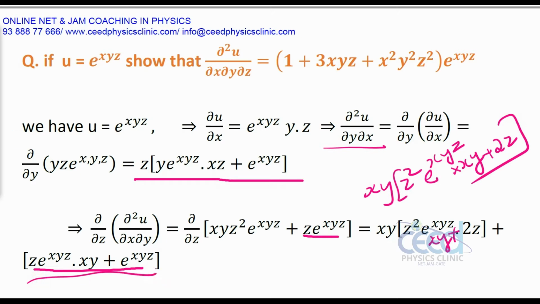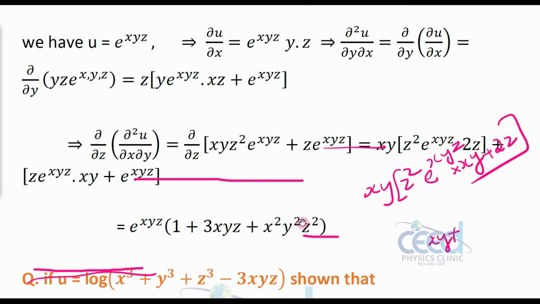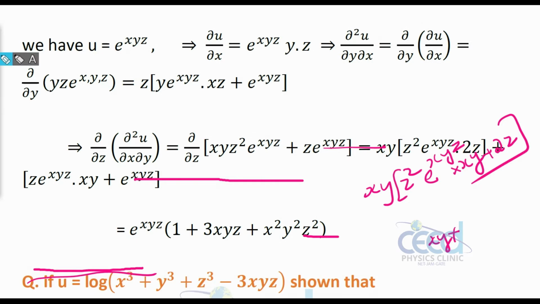Now let us go to the remaining step. So out of these terms, I can take this e raised to xyz out. In all terms we have e raised to xyz, so I am going to take that out. If this is the first term, if I take e raised to xyz out, so I can write this as xy into, here we have x square y square z square, right?